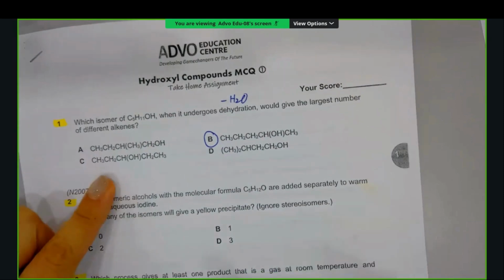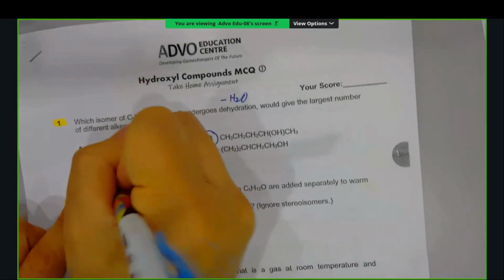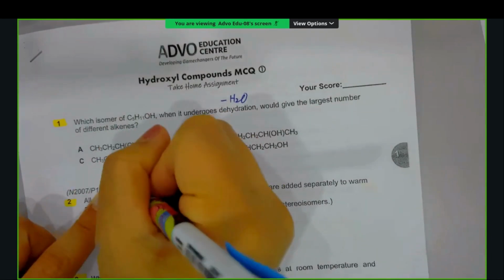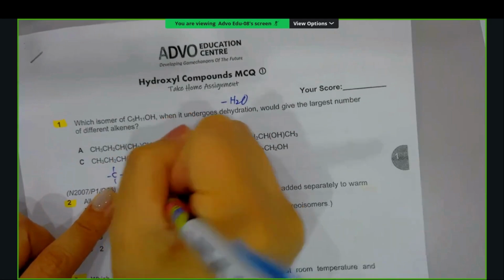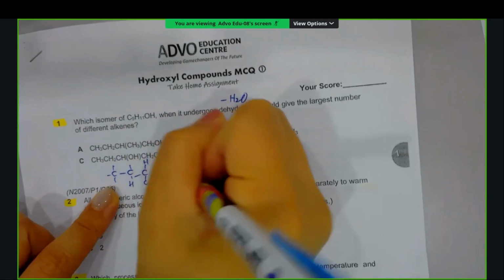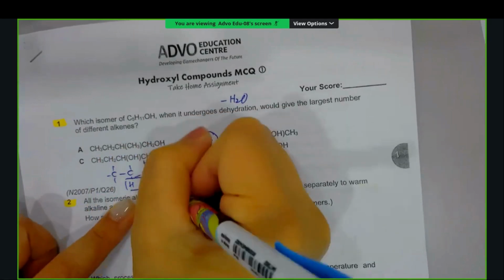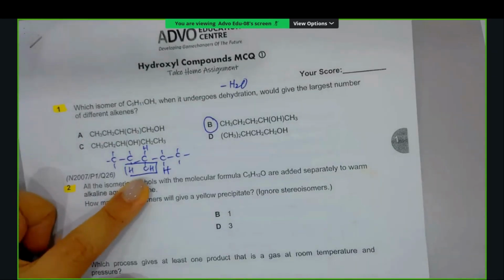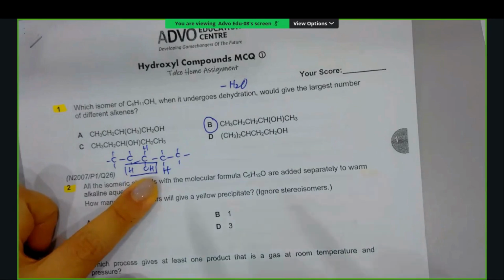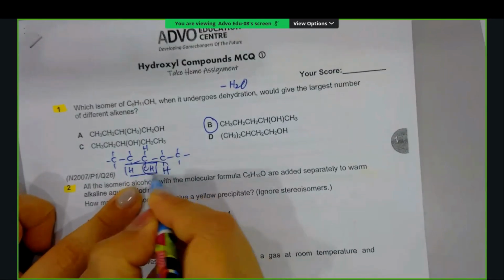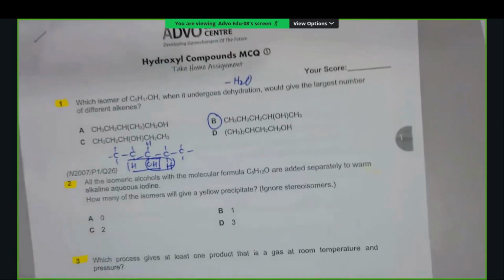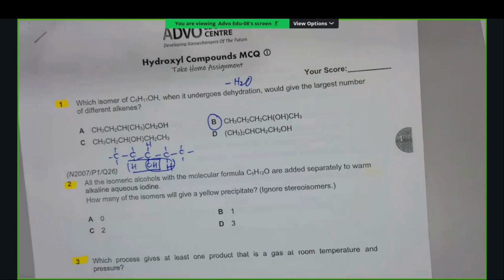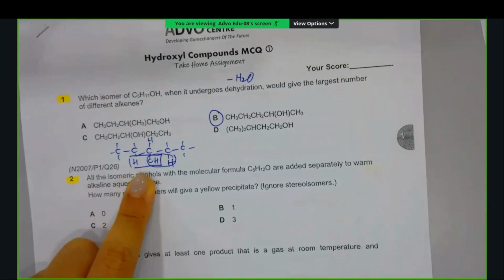C, if you draw this out. There is only one way for you to remove the H and OH, because whether you remove here or here, it will give you the same alkene. Your double bond will always be between the second and the third carbon. When you remove the one I boxed up and count from the left side, it's still between the second and third carbon.